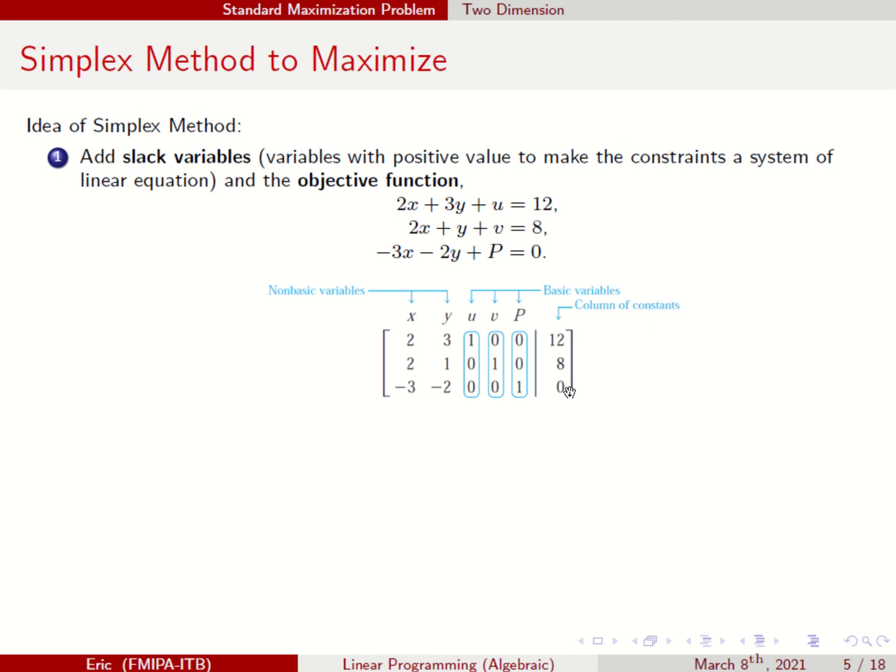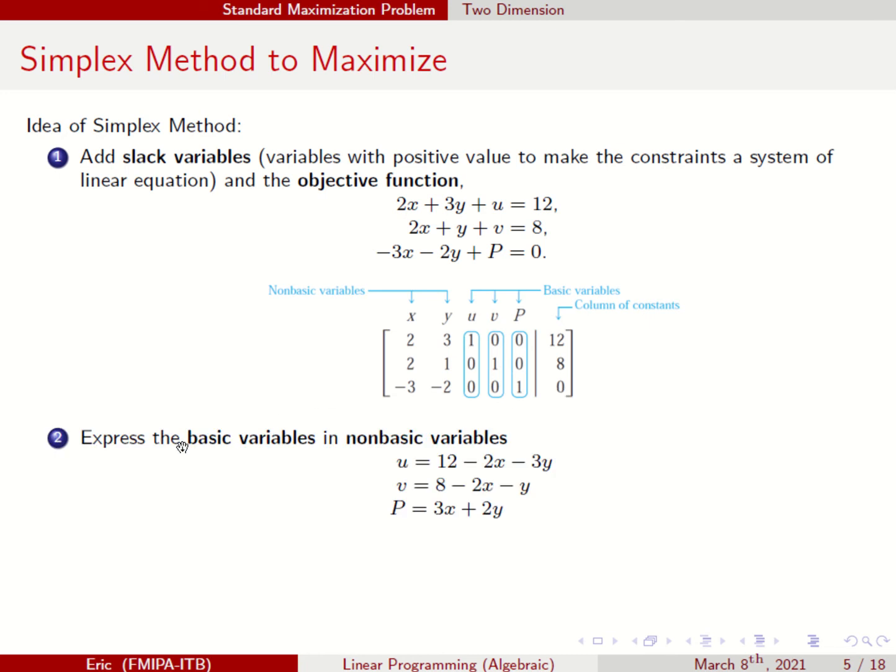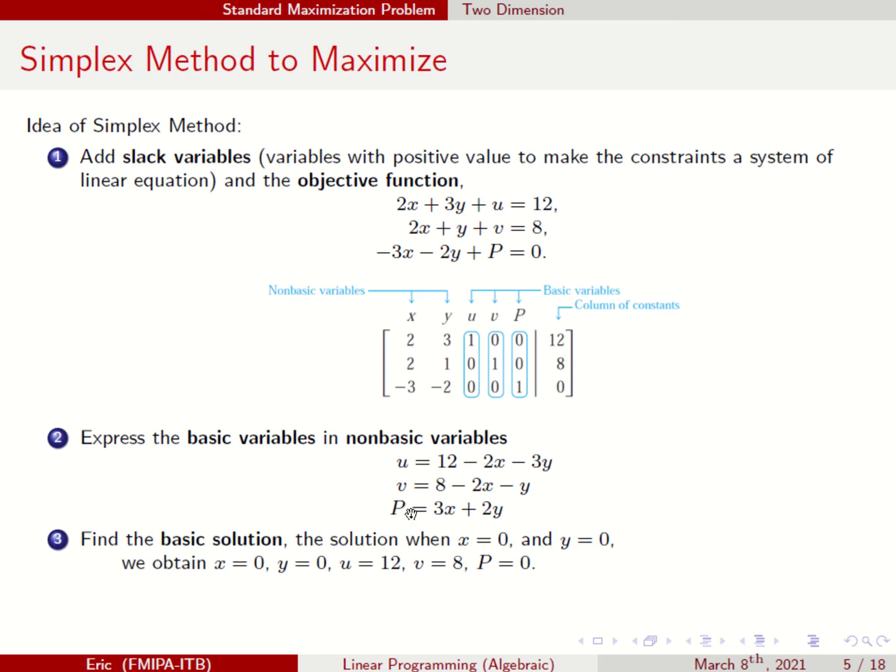And this is the column of constants. Then express the basic variables in terms of the non-basic variables. So u equals 12 minus 2x minus 3y. You have this, v is this, p is this. Don't forget u, v, p, x, y should be non-negative. Now find the basic solution. We first start with the basic solution x equals 0, y equals 0.